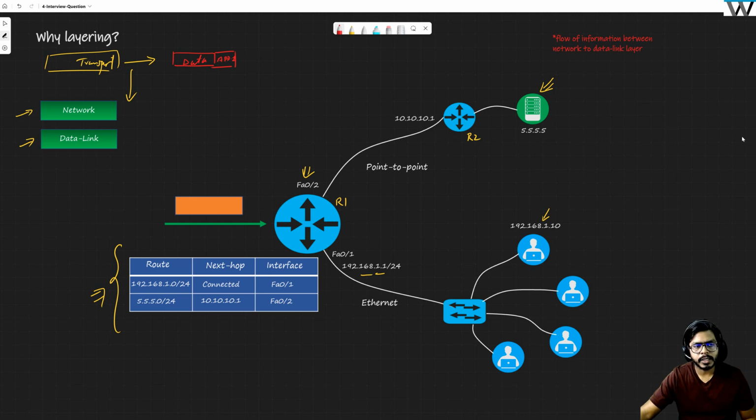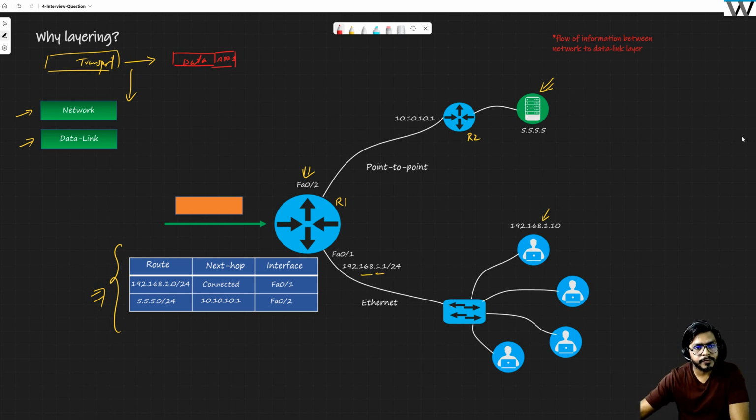This is the sole responsibility of the transport layer. It doesn't care how you deliver it, but whenever you are at the receiver, just make sure that this data goes to app1, right?